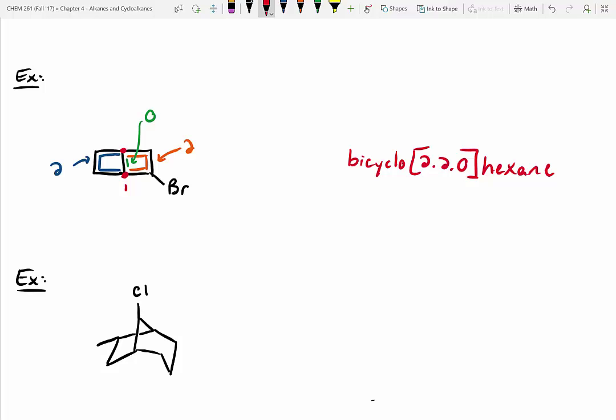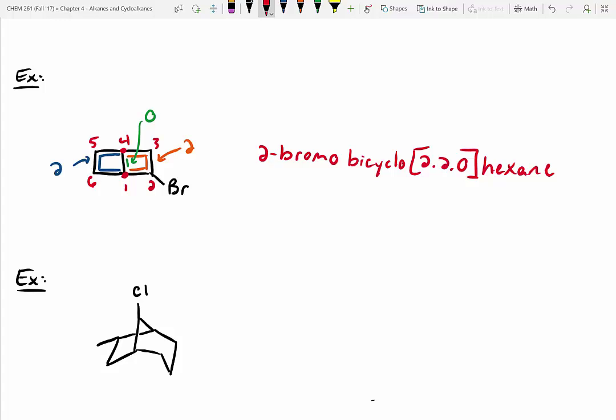So I'm going to go around that orange bridgehead. So I'll go 1, 2, 3, 4, 5, 6. So it looks like our bromine is coming off the 2. So this would be 2-bromo-bicyclo-2.2.0-hexane.